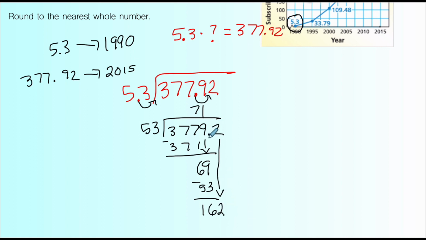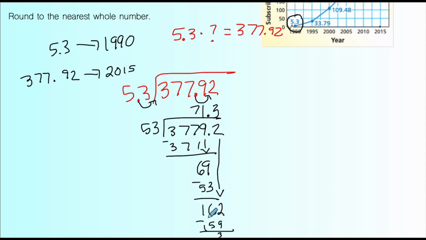Now pay attention, you've got a decimal in your dividend, so I'm going to bring it up into my quotient to make sure it's in the answer. And then last, how many times can 53 go into 162? It can go in 3 times. And that's 159. Subtract, and you get 3.